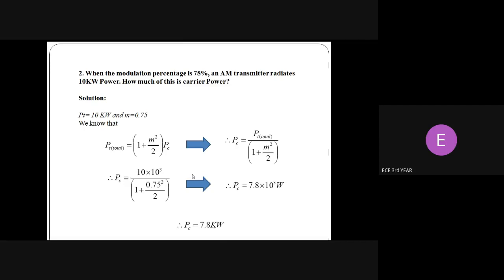The general formula of P total is 1 plus m square divided by 2, whole into PC, where m is the modulation index value. So from PT we can get back the PC value. Therefore PC is equal to P total divided by 1 plus m square divided by 2.